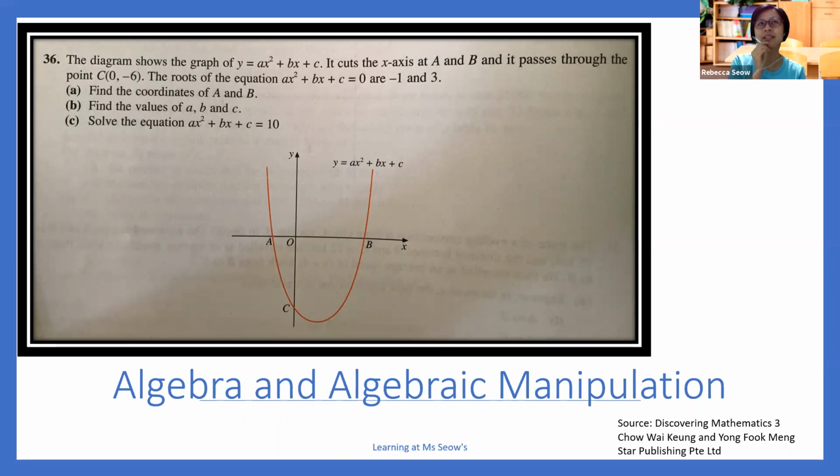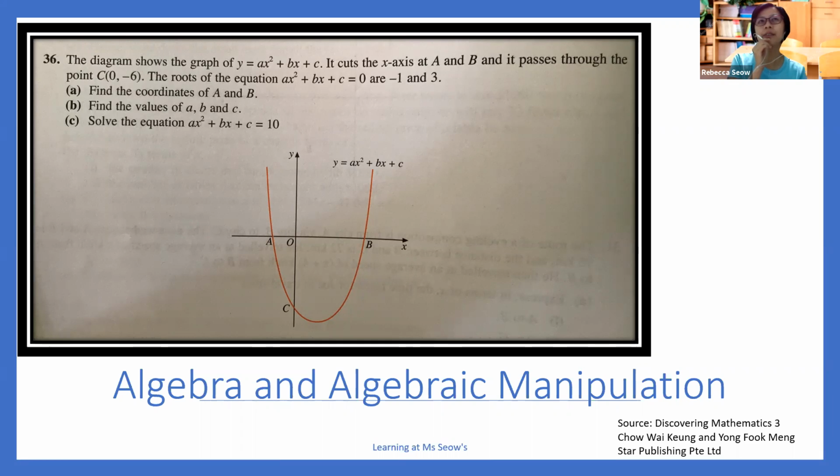The question reads, the diagram shows the graph of y equals ax squared plus bx plus c. It cuts the x-axis at A and B, and it passes through the point C, (0, -6). The roots of the equation ax squared plus bx plus c equals 0 are -1 and 3.